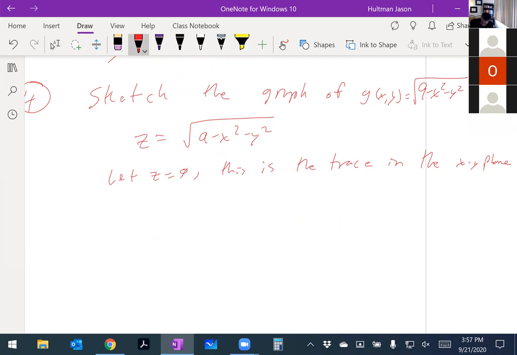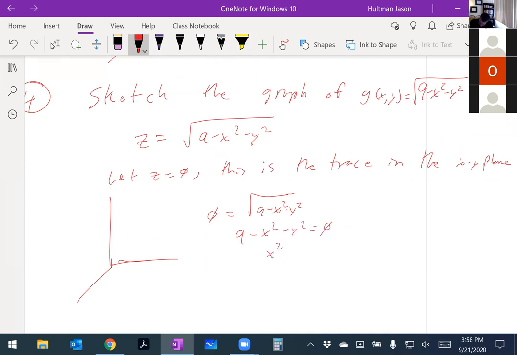What's this thing going to look like? Let's draw the graph out here. Okay, let's see what's going to happen when z is equal to 0. We get 0 equals the square root of 9 minus x squared minus y squared. Okay, and then let's square both sides. We just get 9 minus x squared minus y squared equals 0.